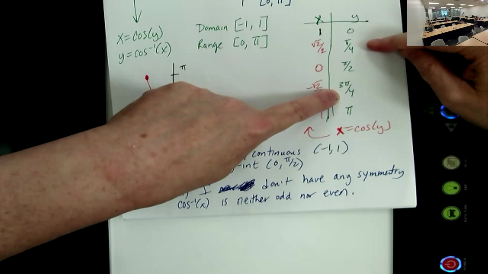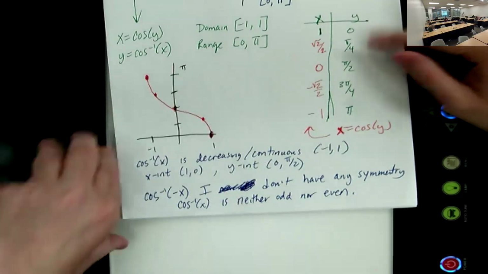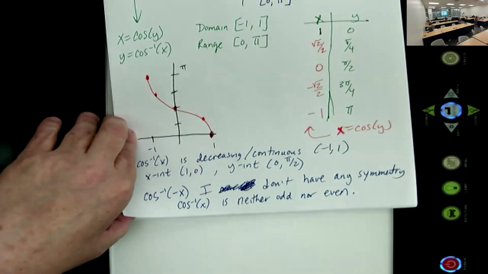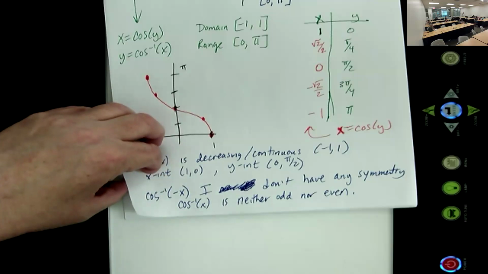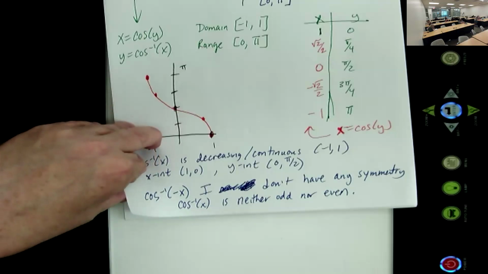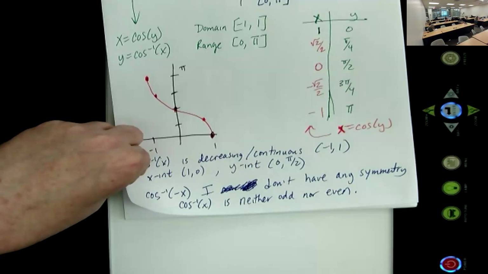But it's not, it's 3 pi/4, neither pi/4 nor negative pi/4, so it doesn't have that odd or even value. And we'll do some examples.